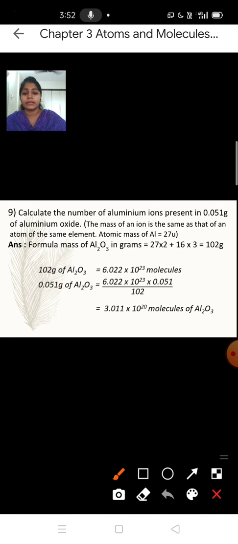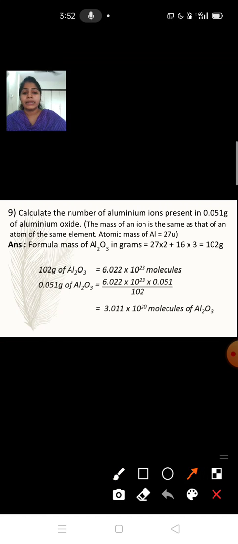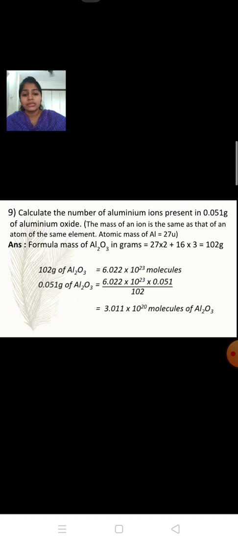Now I can say that 102 gram of aluminium oxide contains 6.022 into 10 raised to 23 molecules. So if 102 gram contains these many molecules, how many molecules will be present in 0.051 gram of aluminium oxide, right? So for that we will cross multiply.